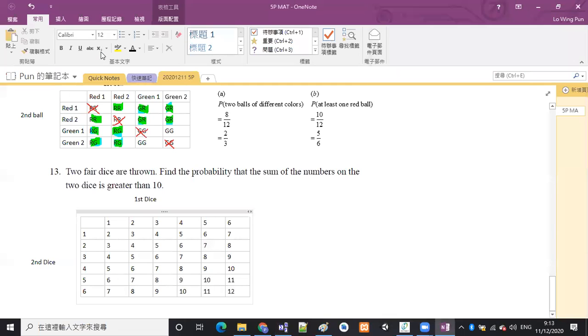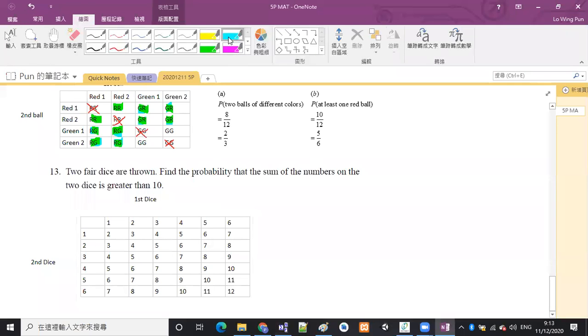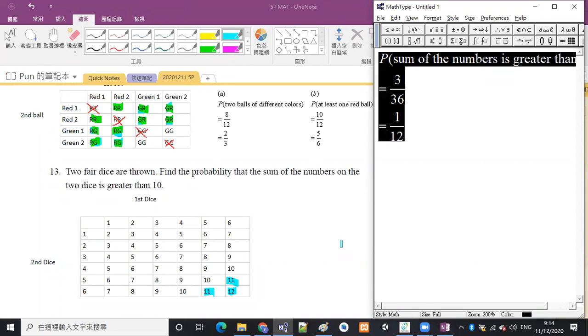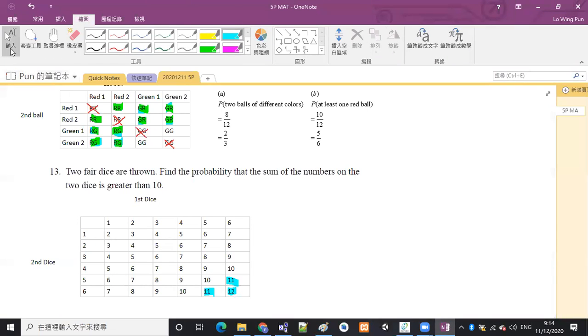Greater than 10 means larger than 10, so 10 is not included. It is obvious that there are just 3 of them. Okay, so the answer is this, but you need to simplify the fraction to be 1/12. Get it?